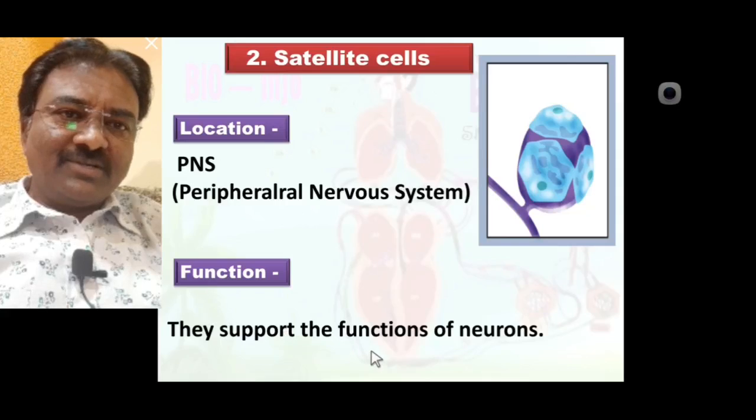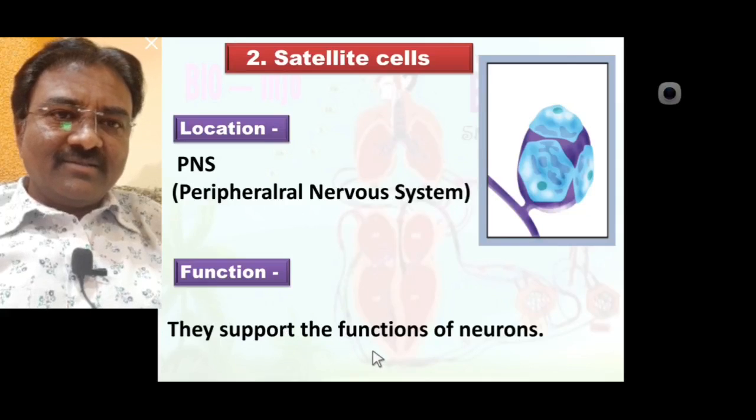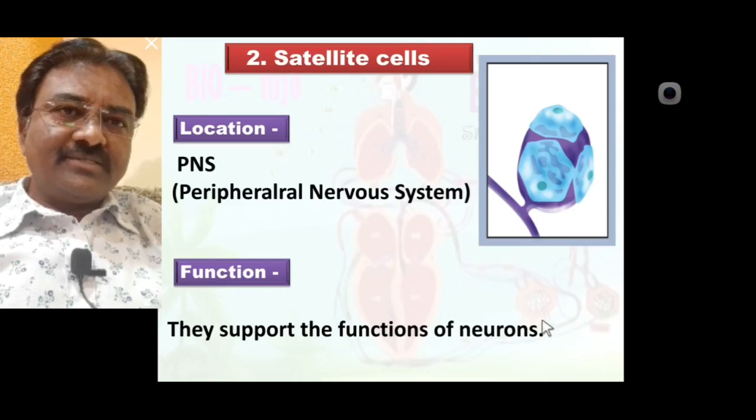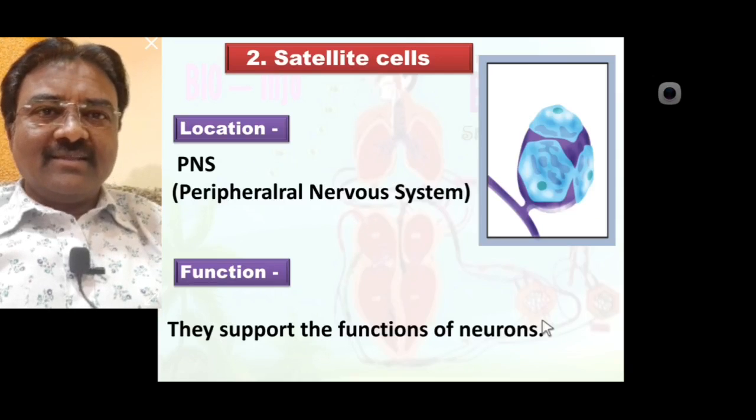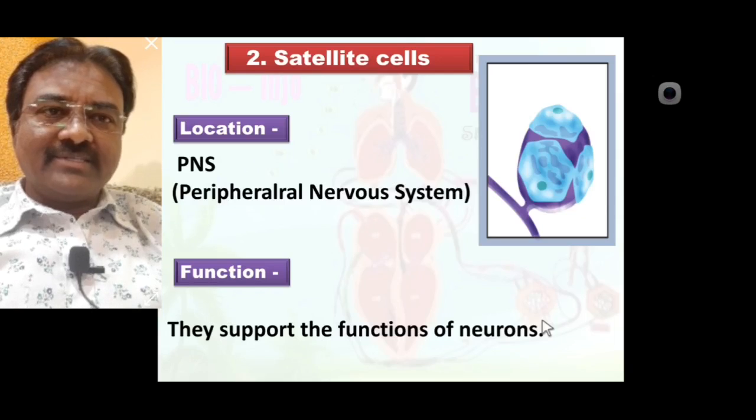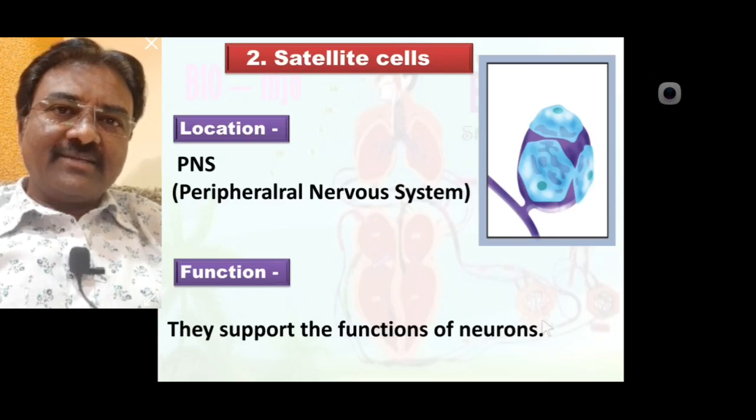They support the neurons. They provide support to neurons. This function is done by satellite cells. Up to this we have discussed in detail: Schwann cells and satellite cells are the neuroglial cells present in the peripheral nervous system.